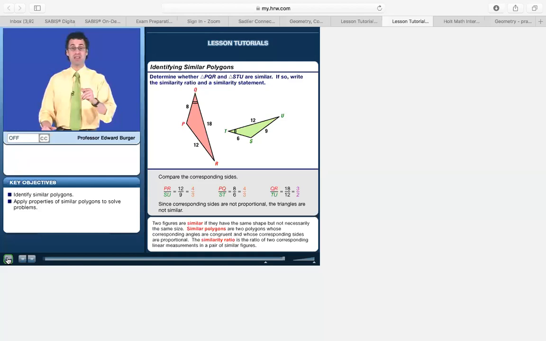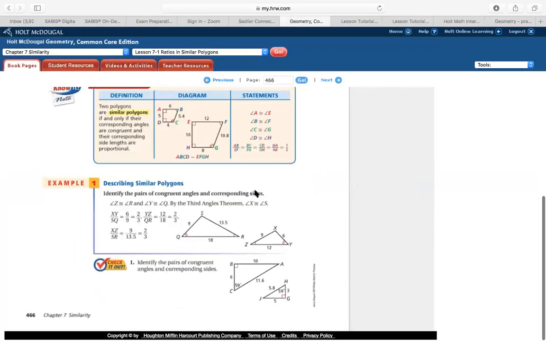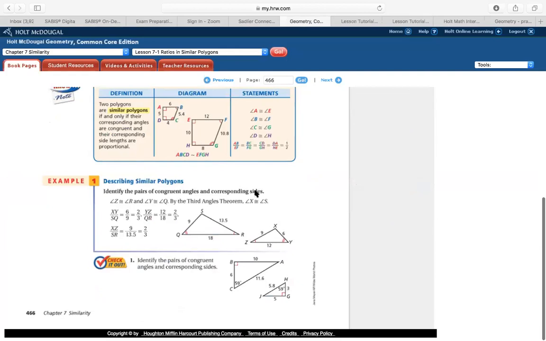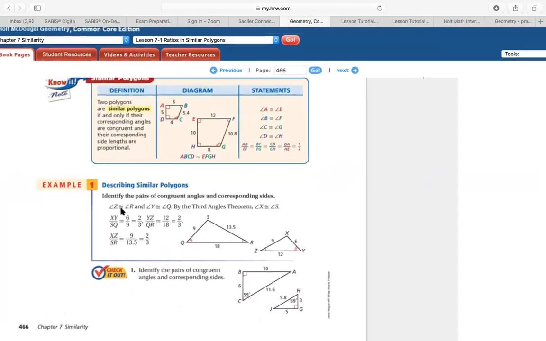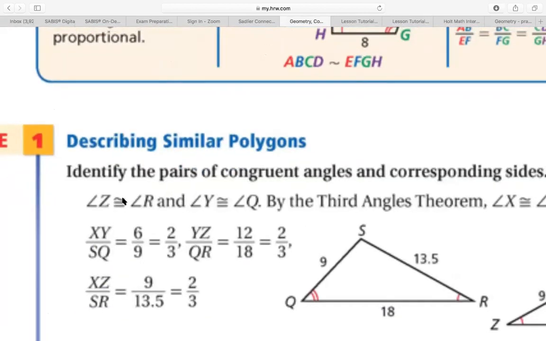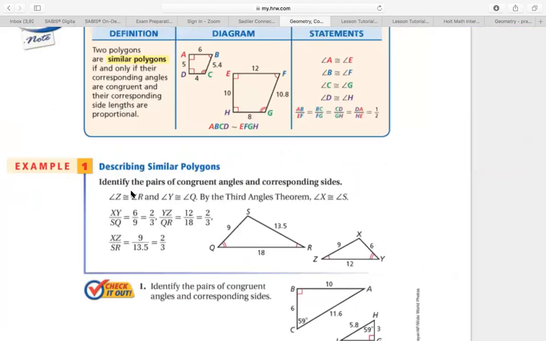Okay, girls, let's take a look over our book. Page 466, example 1. Identify the pairs of congruent angles and corresponding sides. They gave me that angle Z is congruent to angle R. Look, girls, you see the sign of congruency here? See how I write congruent?